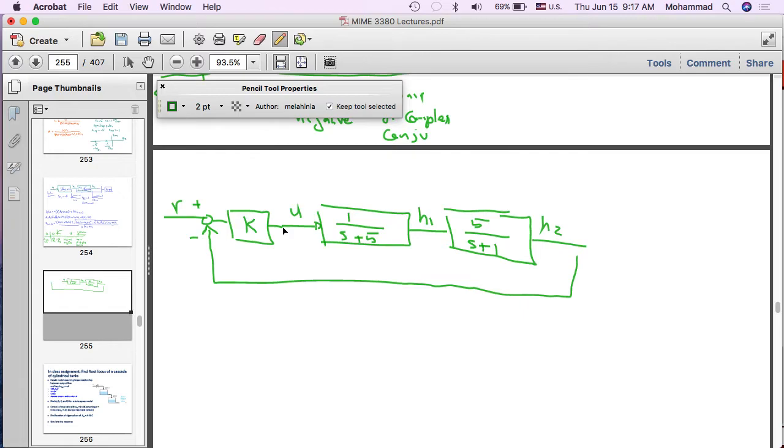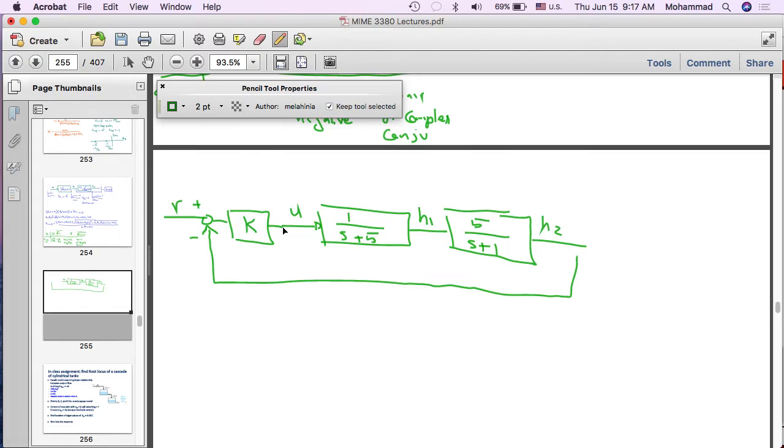So I added my summation, but double click on it and make sure the second sign is negative. Then you can remove this line, and this time this will turn to being your R, instead of being U. So you're going to bring the summation, connect it here, and then connect this to your H2, which is this line.